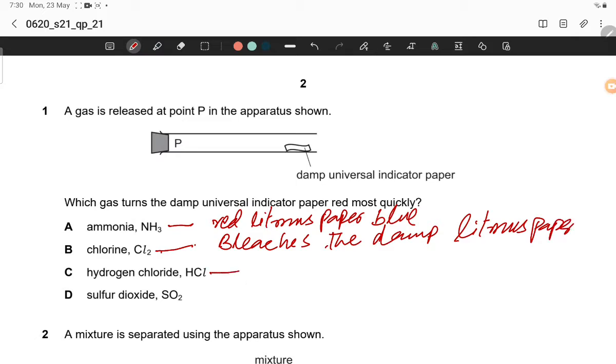Hydrogen chloride turns universal indicator paper red quickly. So option C is correct.